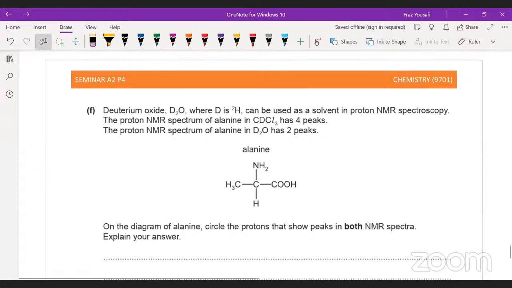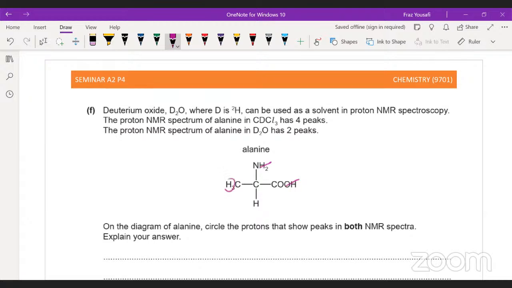All right. Deuterium oxide, D2O, where D is 2H, can be used as a solvent in proton NMR spectroscopy. The proton NMR spectrum of alanine in CDCl3 has four peaks. The proton NMR spectrum of alanine in D2O has only two peaks. And the reason for that is that, remember, in D2O, both of these particular peaks would disappear.